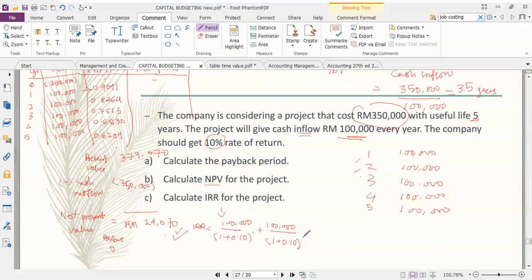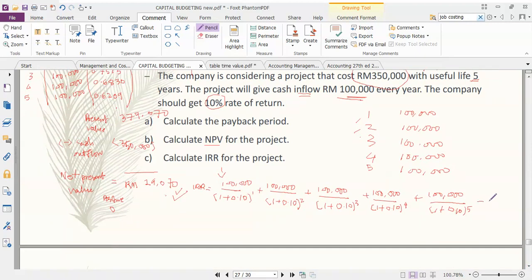And then to the power of 2, plus again 100,000 divided by 1 plus 0.10 to the power of 3, power of 4, power of 5.